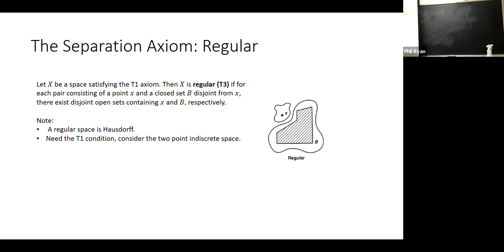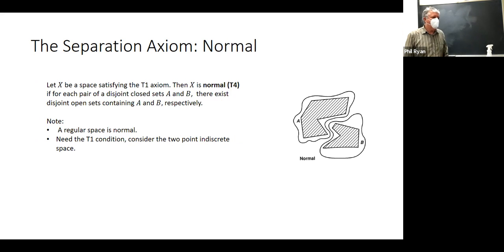What comes next? Well, obviously, we can replace the point x by a closed set. And if we do that, we get a normal space. Again, a misuse of the word normal, I guess. So again, let X be a space satisfying the T1 axiom. We say X is normal, or T4, if for every pair of disjoint closed sets A and B, there exist disjoint open sets containing A and B respectively.